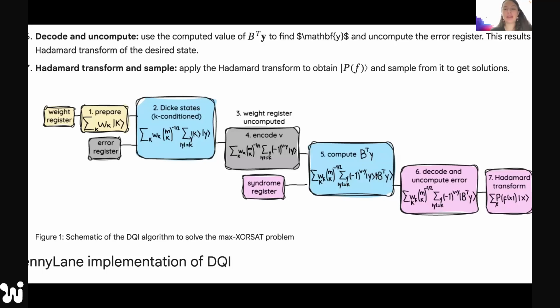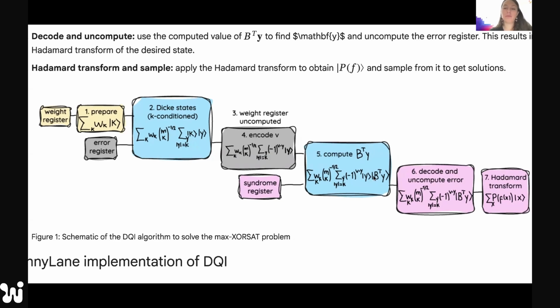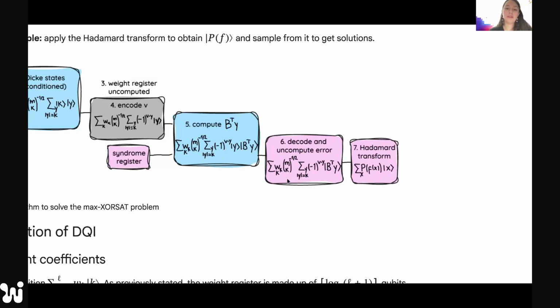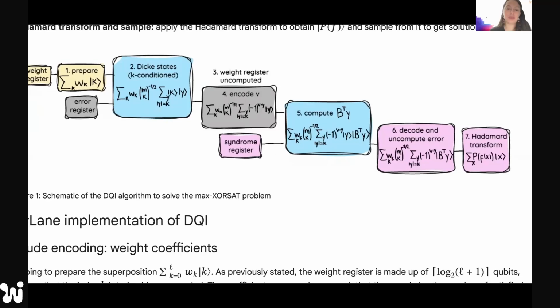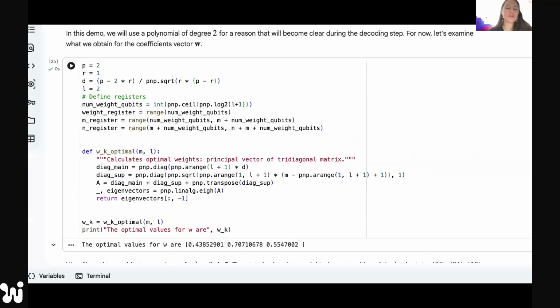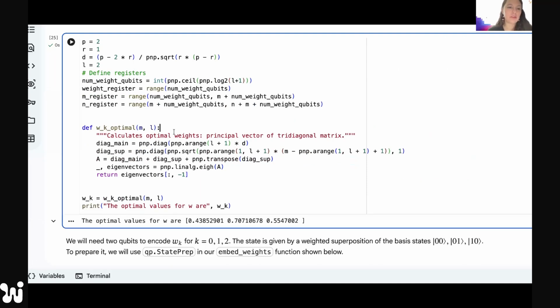I'm going to combine the information that I had before, which had the V vector encoded in the phases, with now my problem, my matrix B. And once I have that, I just need to let the problem solve. I can resolve the answer of the problem, right? I can decode, and I can do the final Hadamard transform to go back into, let's say, direct space instead of Fourier space. So this was a lot of talking, but hopefully you can see it here in the code.